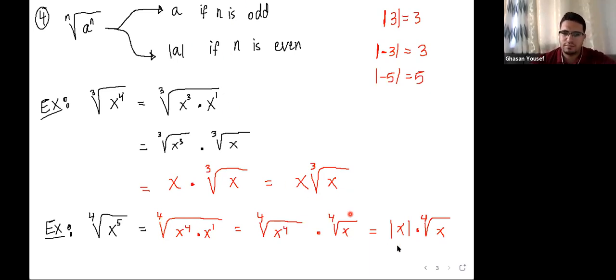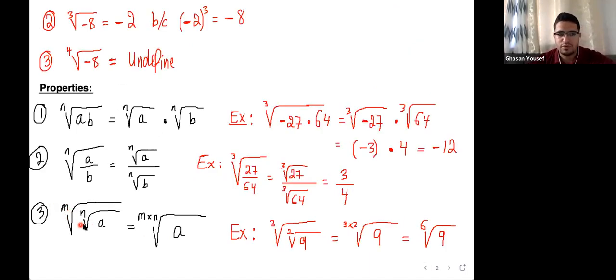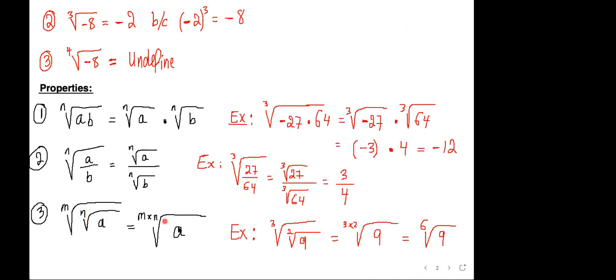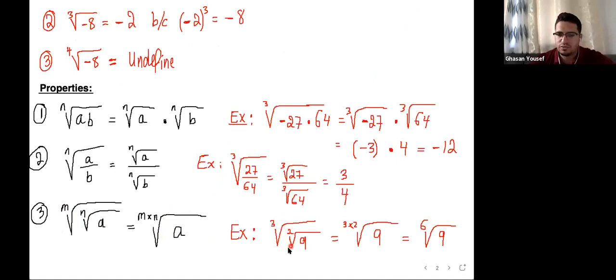Okay, third property. If I have the nth root of the nth root of a, I can multiply m times n and I get one radical only. For example, if I have the third root of the second root of 9, I get one root only, and I multiply 3 times 2.